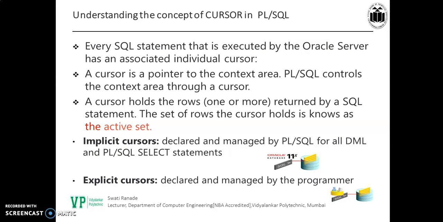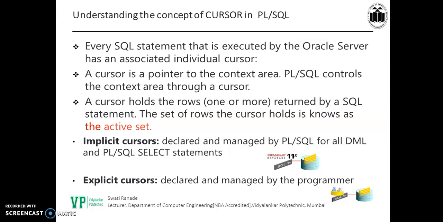A cursor is a pointer to the context area. PLSQL controls the context area through a cursor. A cursor holds the rows, one or more records returned by a SQL statement, and the set of rows the cursor holds is known as the active set.